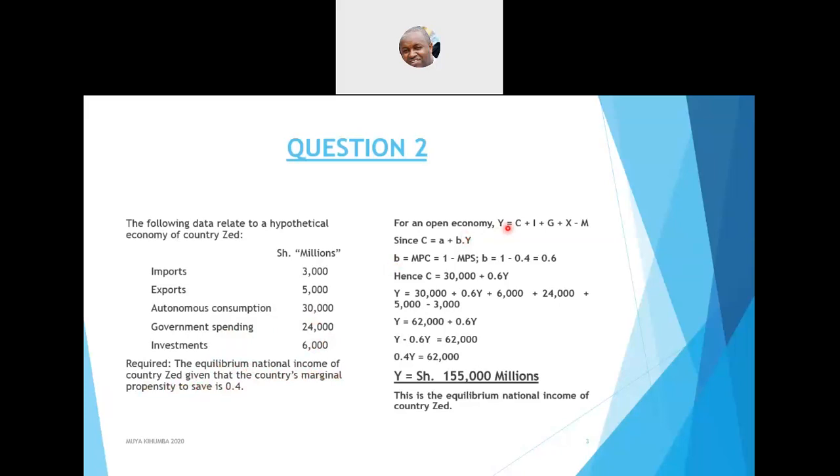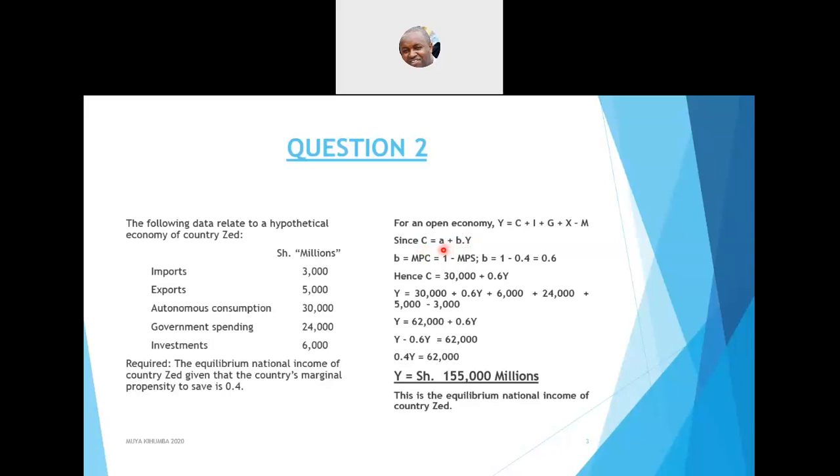Now, from our previous video, we know that Y is equal to C plus I plus G plus X minus M. Unlike the previous question where we were given C, in this particular question we are not given C and we must compute it. C is computed as A plus BY. A is autonomous consumption.